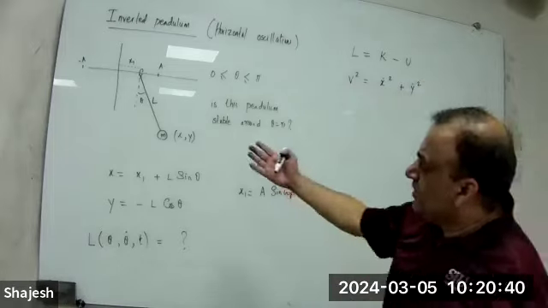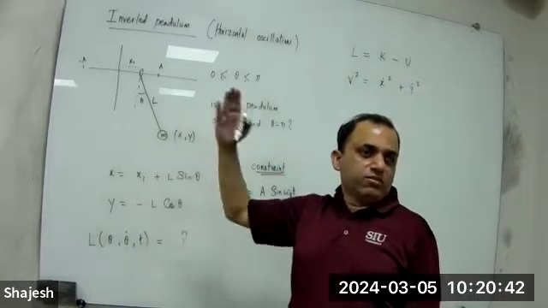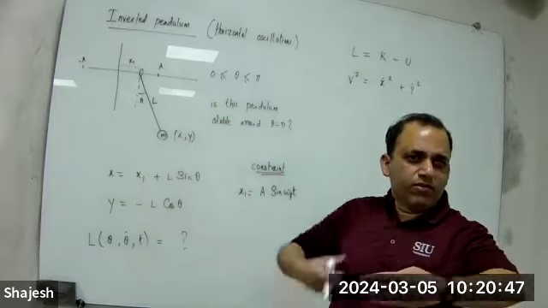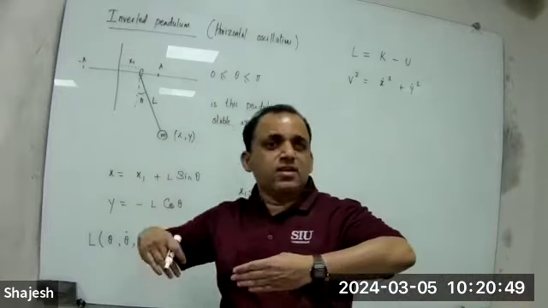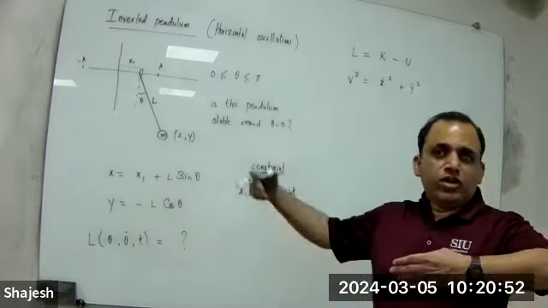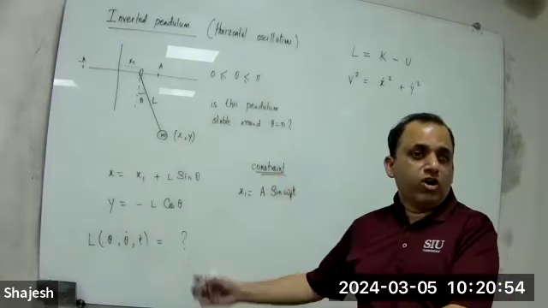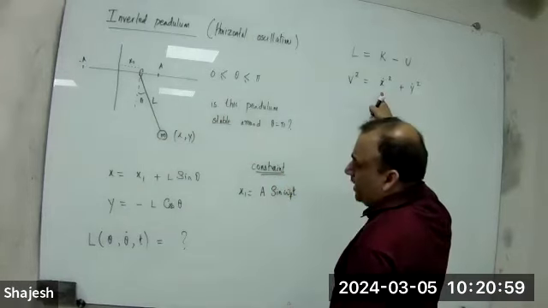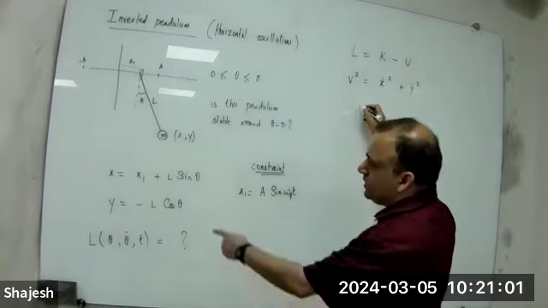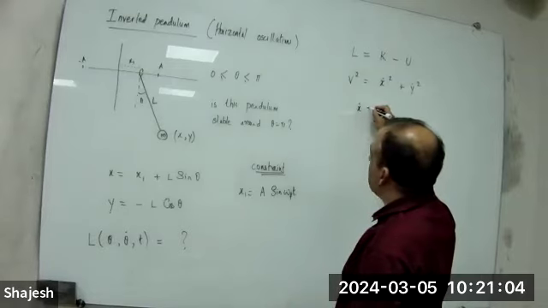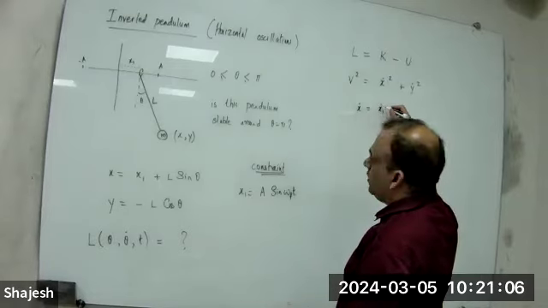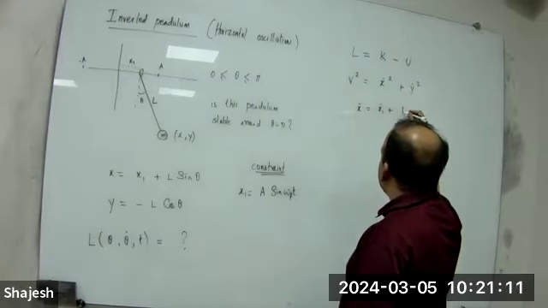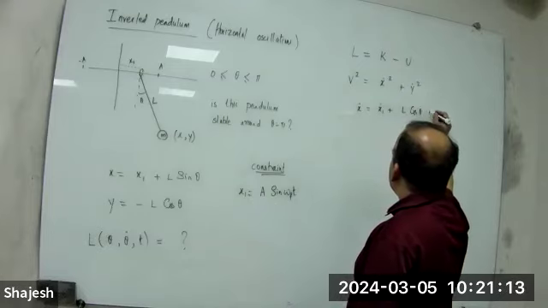And we are pretending that there is no z. The motion does not happen in the z direction. In general, there's a little bit of z motion also, but we are constraining the motion in the z direction. That's what makes it a spherical pendulum. So you can immediately say what is the spherical version of a normal inverted pendulum that you do. So to get the x dot, we write dx by dt. So x dot is equal to x1 dot plus L cosine theta theta dot.